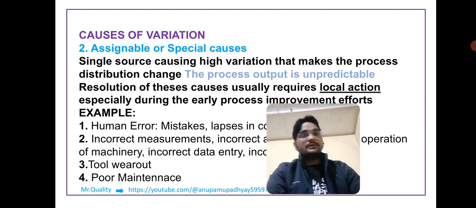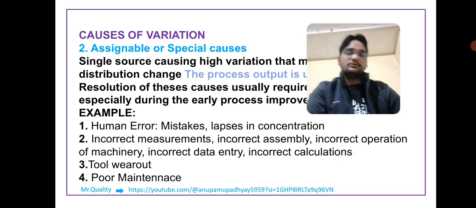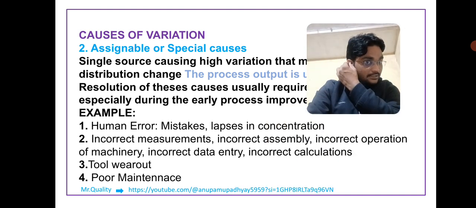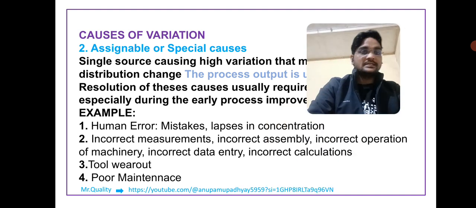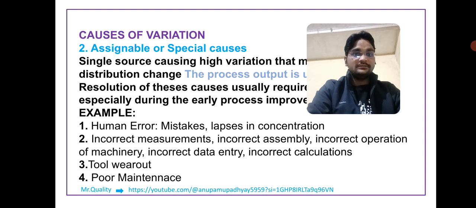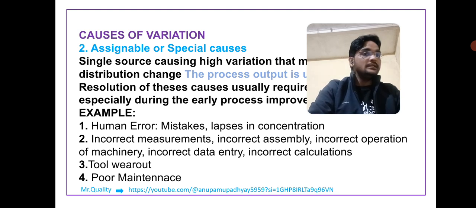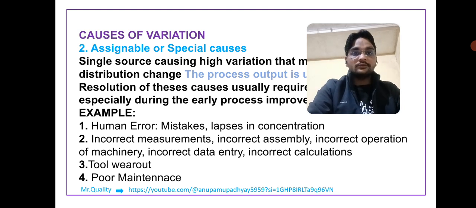What are examples of assignable or special causes? First is human error, meaning mistakes and lapses in concentration. Second is incorrect measurement, incorrect assembly, incorrect operation of machinery, incorrect data entry, and incorrect calculations.